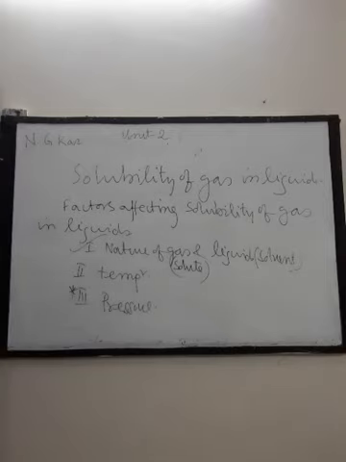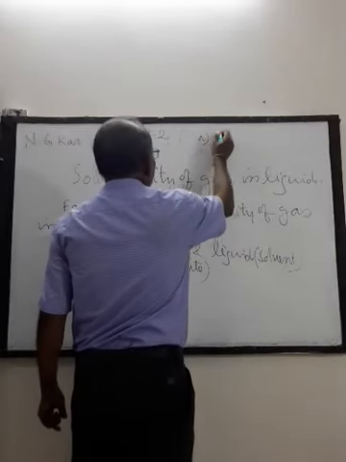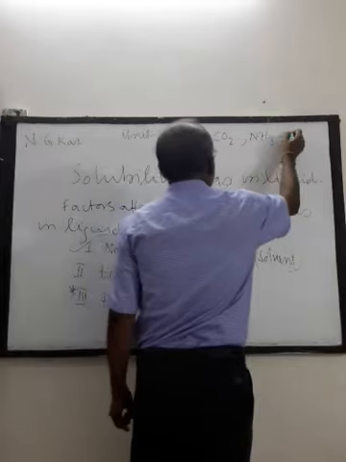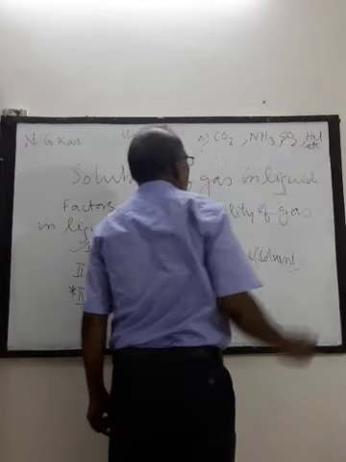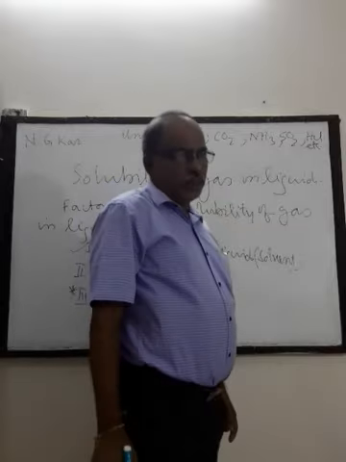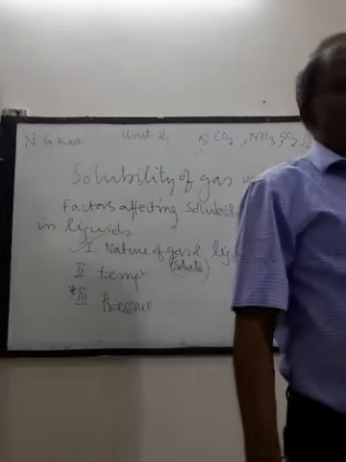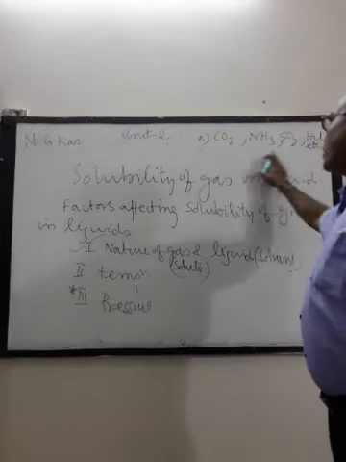For example, the first category of gas is carbon dioxide, ammonia, sulfur dioxide, HCl, etc. These gases can be liquefied by lowering temperature and increasing pressure. So this is one category of gas.